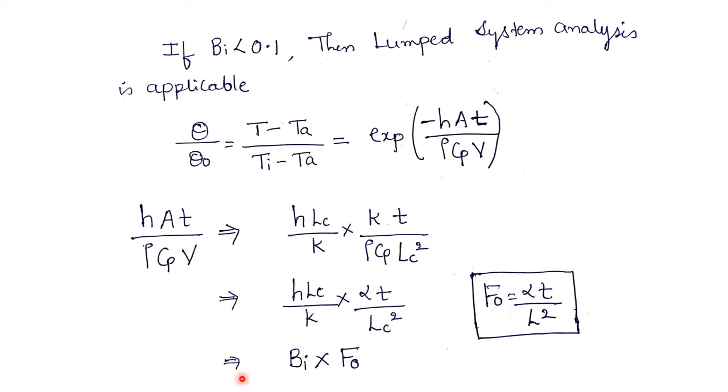So I will write this equation in this form. H into LC divided by K is nothing but the Biot number, whereas alpha into T divided by LC square is nothing but the Fourier number.